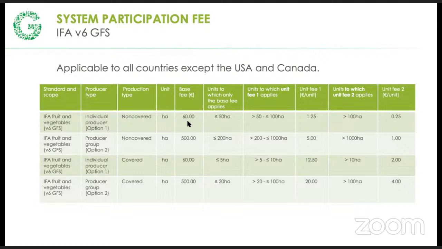It shows you that 60 euros is what you start with, and that's going to cover land that's 50 hectares or less. And that's for the individual. And if you have more than 50 hectares, then they essentially start to charge €1.25 for each hectare.